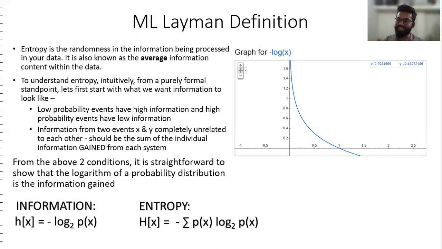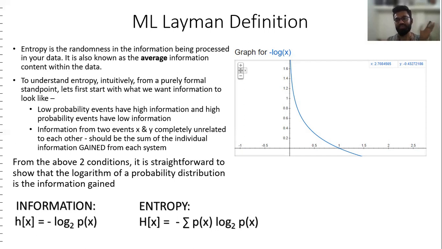And one function that should come to all of your minds quite quickly is the logarithm. Logs have a very wonderful property: log AB is equal to log A plus log B. That solves the problem of having two individual probability systems over here.